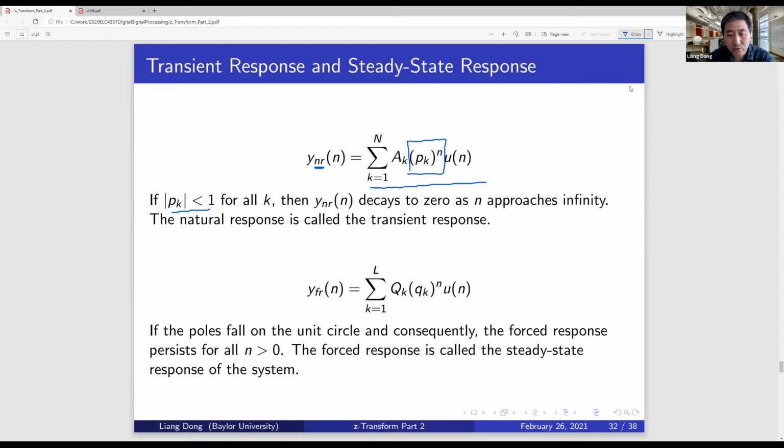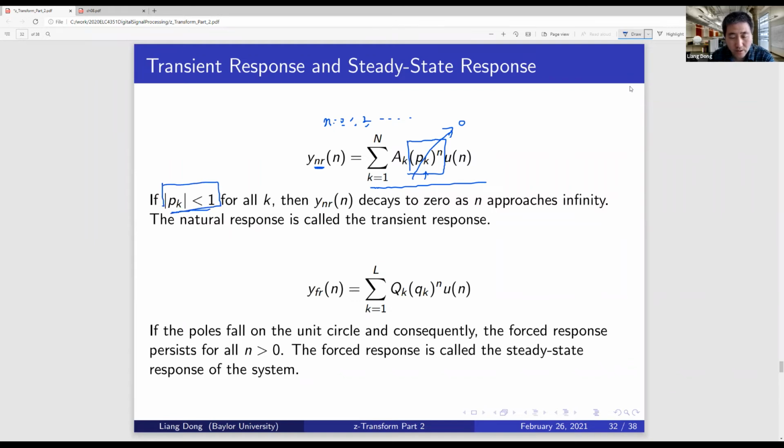This term will decay to 0 as n approaches infinity, right? When n takes 0, 1, 2, it becomes a very large number, and this term will tend to be 0. So this entire natural response will decay to 0 if this is true.